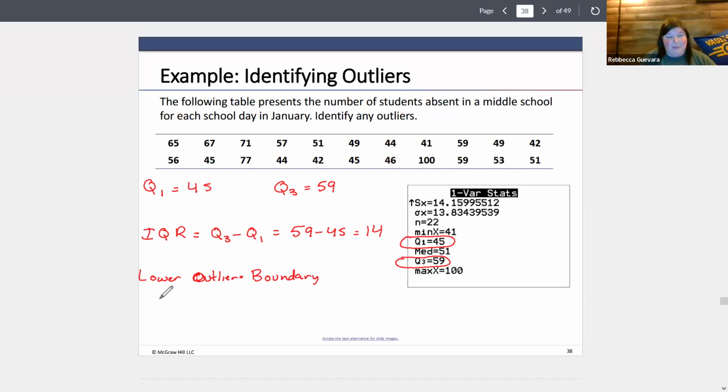For our lower outlier boundary, we are going to take Q1 minus 1.5 times that interquartile range. So that is going to be 45 minus 1.5 times 14, which is my interquartile range, which is going to be 45 minus 21, which is going to be 26.